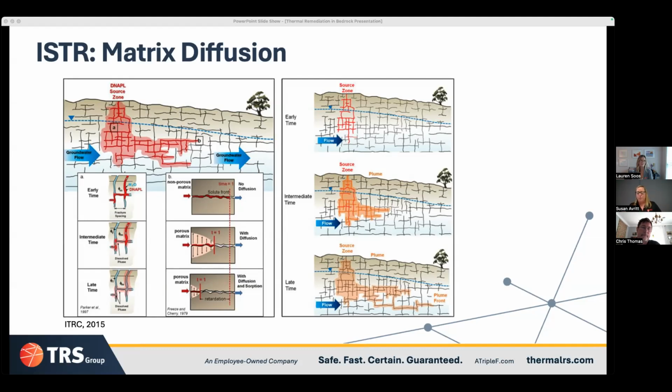So with bedrock, we've got the primary porosity, which is the bulk matrix of the rock, and then we've got the secondary porosity, which is the actual fractures. Well, the wonderful thing about thermal remediation is that we're heating the entire bulk of the rock. So the matrix of the rock and the fractures that are in that rock.